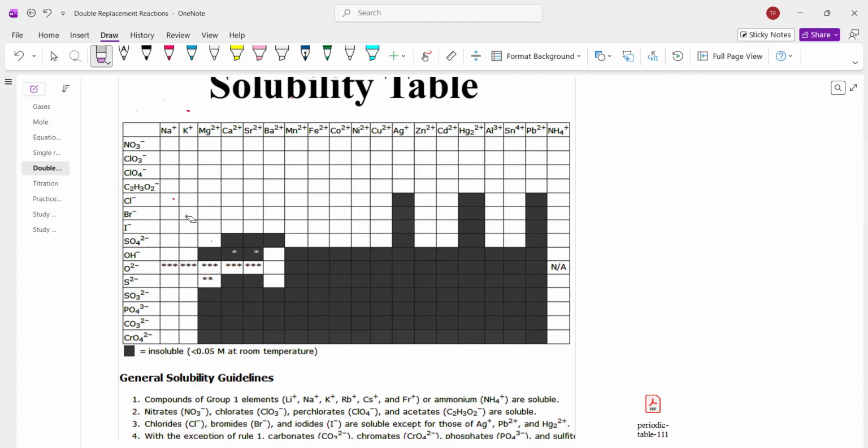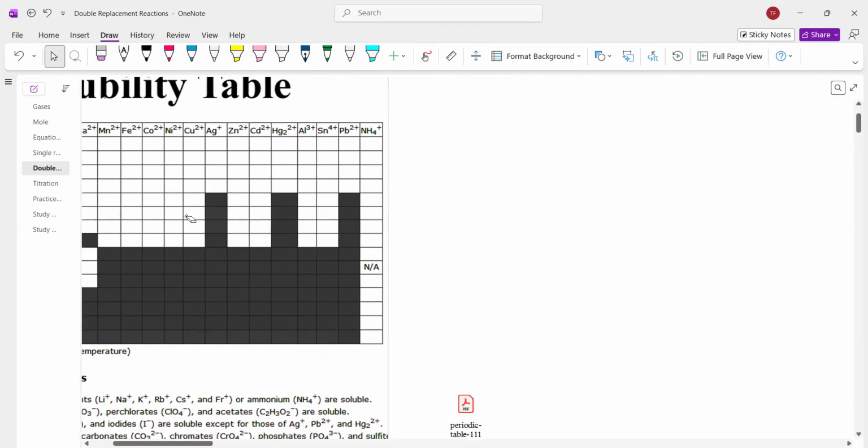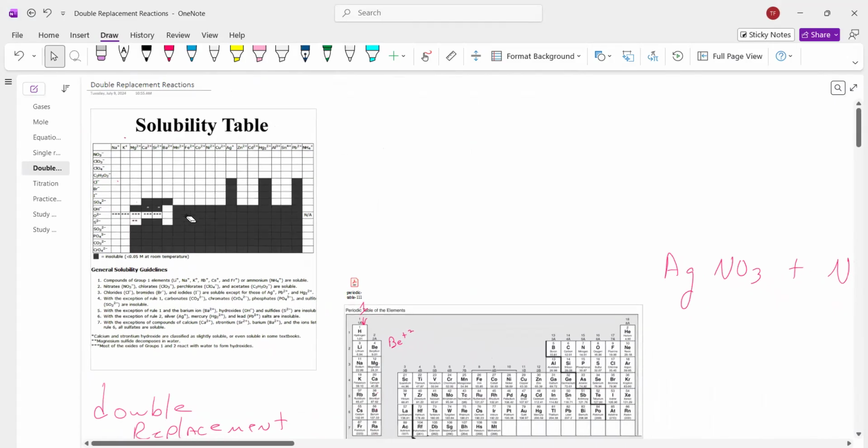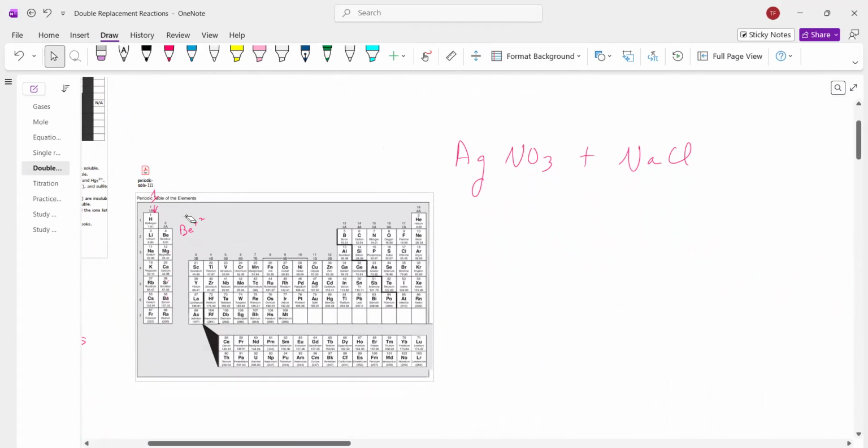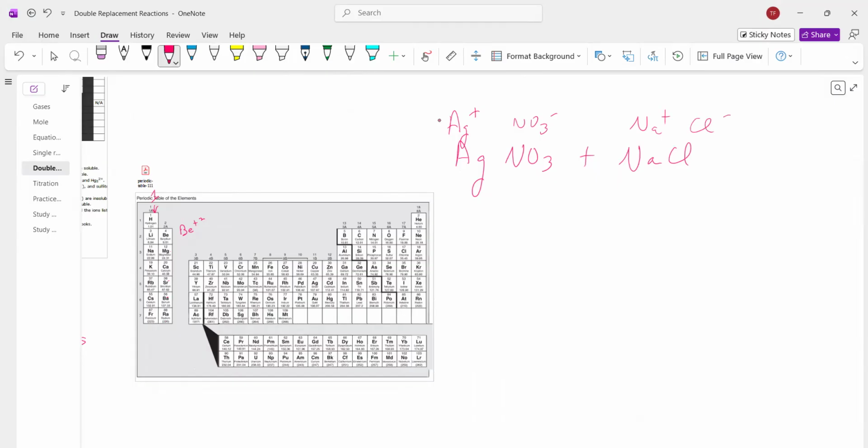It stays soluble. So let's look now at this here. Okay, those are the ions taken apart.